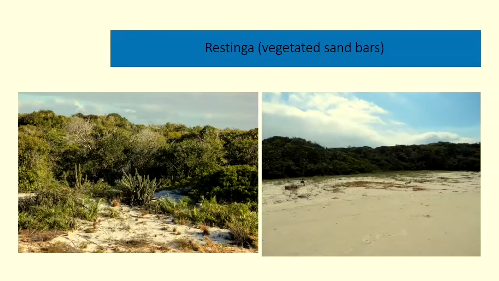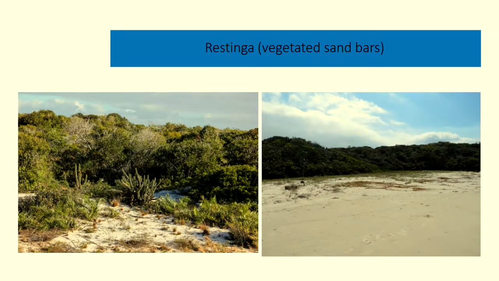The Restinga. Restinga is a Brazilian name. There is always a debate about the Restinga, because it's a geomorphological system, but also a system that can be defined by the kind of vegetation.